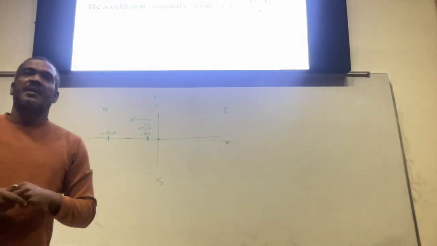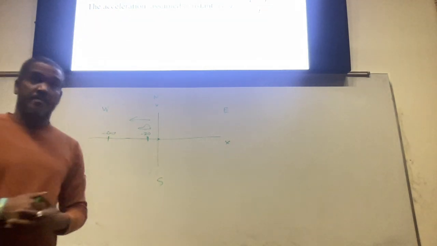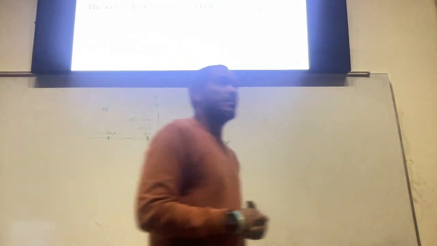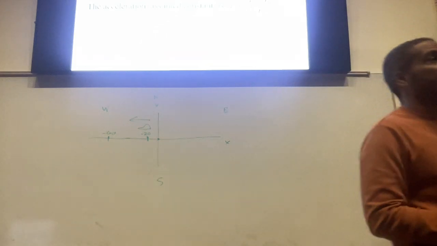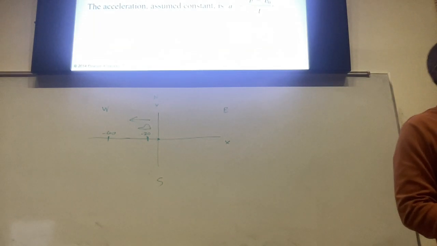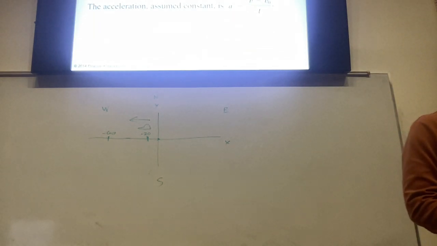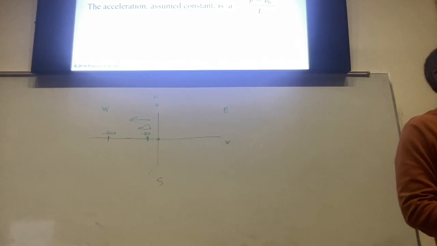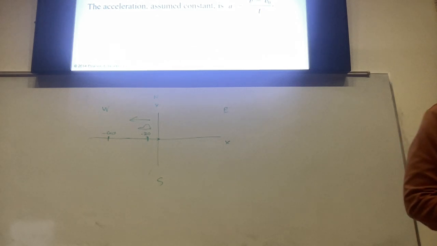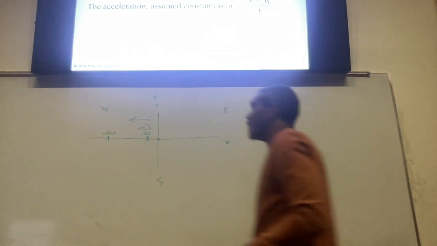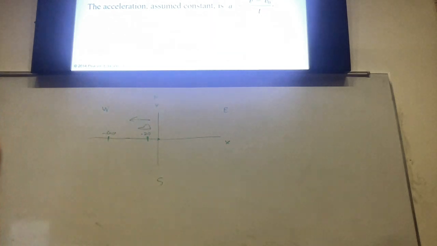No. Distance and time. What two things do we need in order to solve for the speed, right? The speed or velocity. Velocity is the speed with the direction on it.